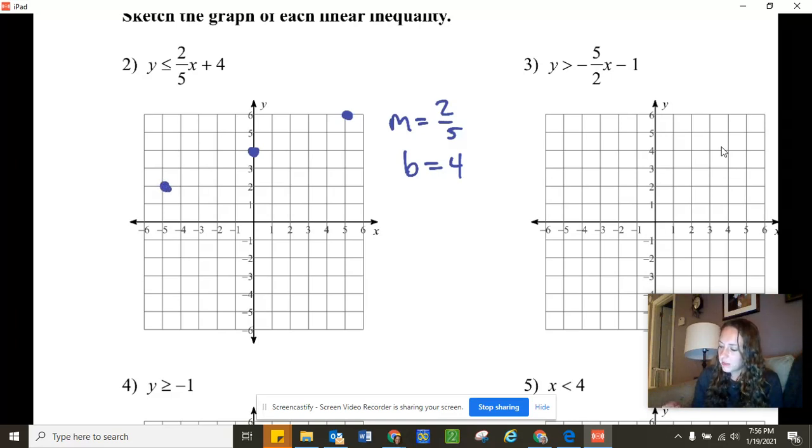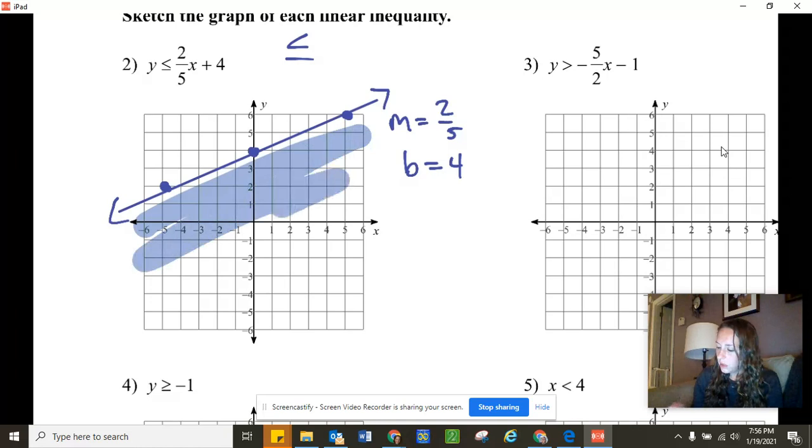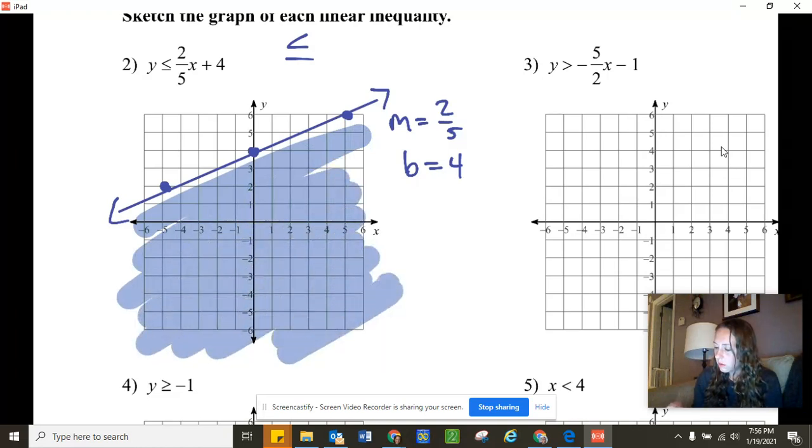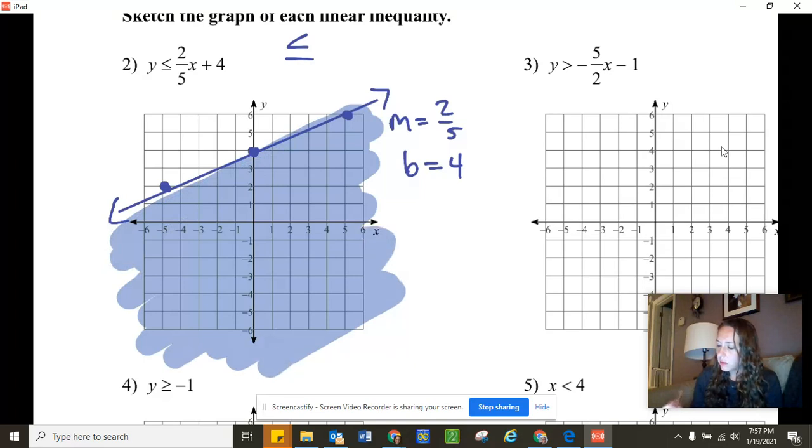Now in this case, my symbol is less than or equal to. It has the line under it, so that means it is a solid line for my boundary. Then it's less than, so that means that I'm going to shade below, everything below the boundary line.